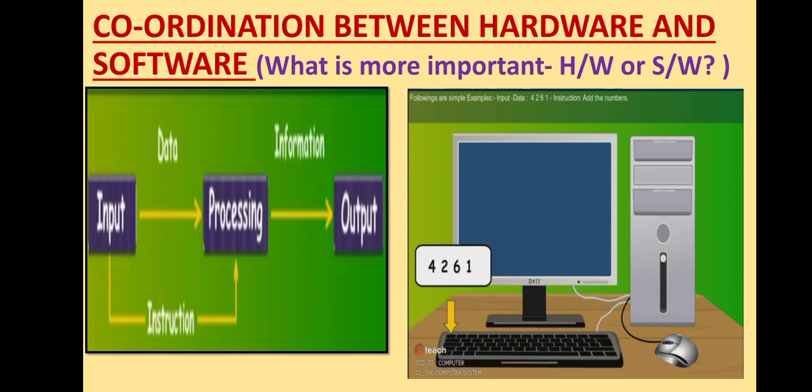So while following this IPO cycle, computer hardware as well as software both work in coordination. For example, I will show you some examples in the window on your right hand side.